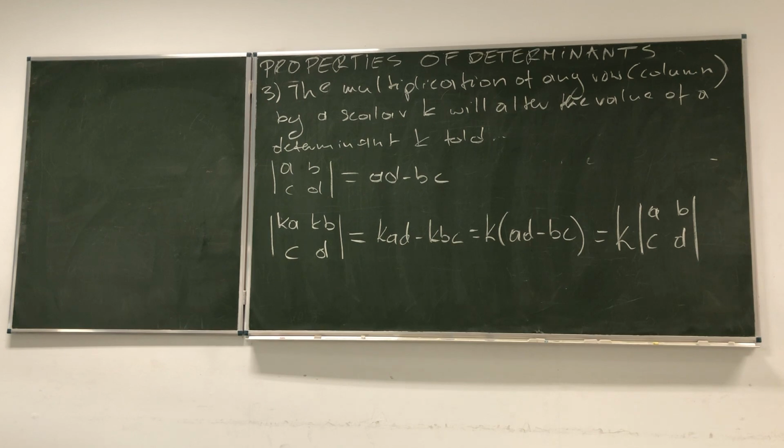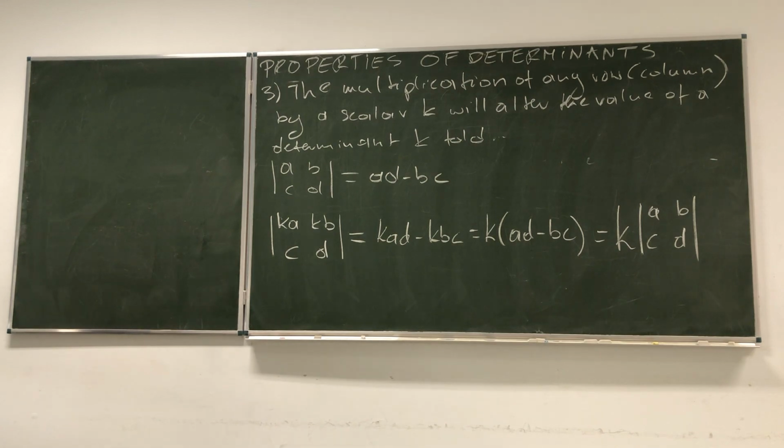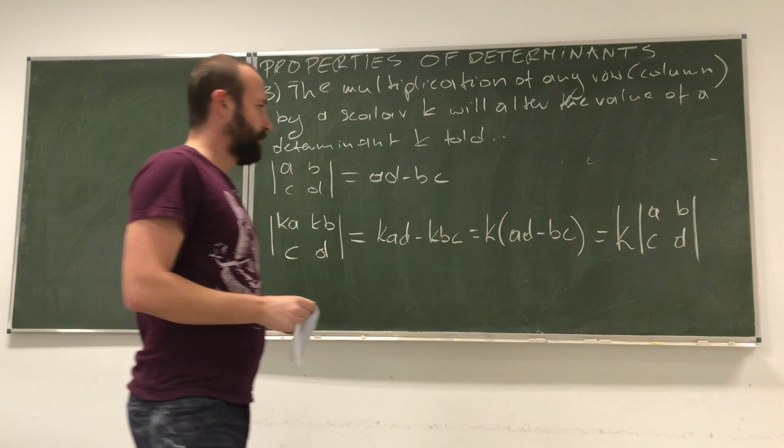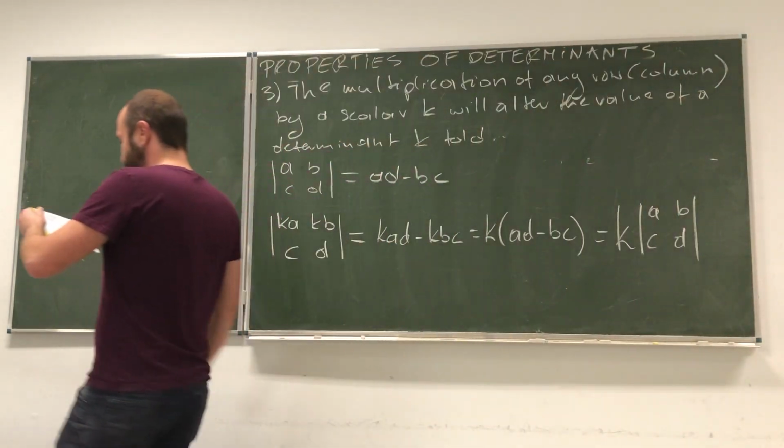Okay, this property of the determinant is extremely important because it allows us to do something called factoring out. So look, we can take any number from a given row or a given column. Let me show you this with an example.